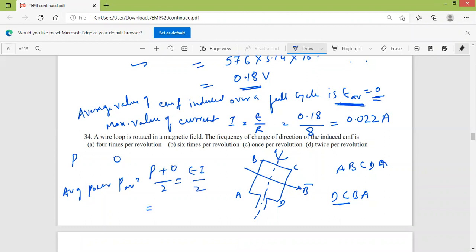Epsilon is 0.18 and I is 0.022, so the product divided by 2 is approximately 2 into 10 power minus 3 watt.